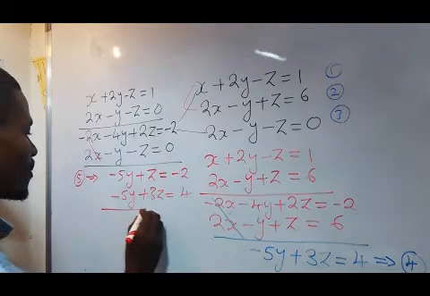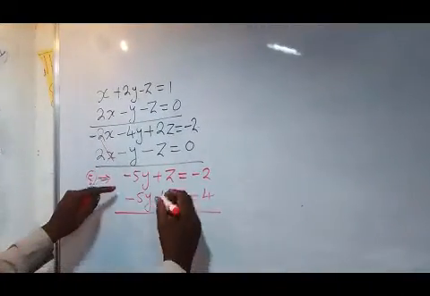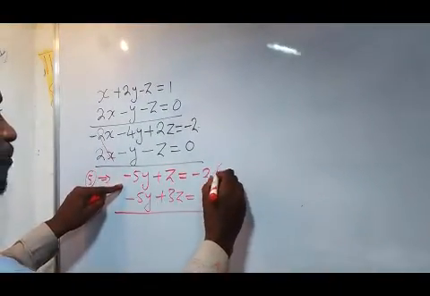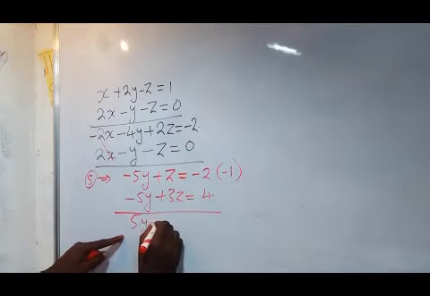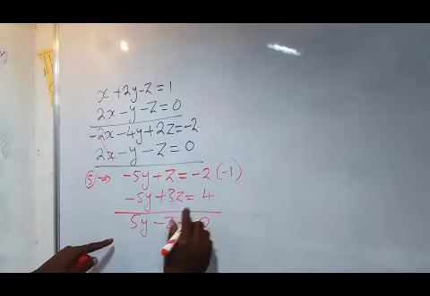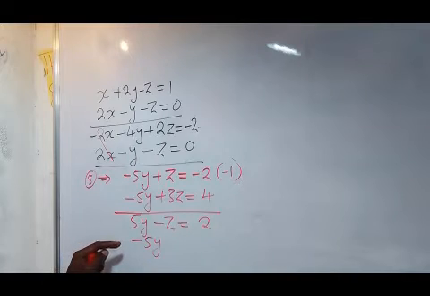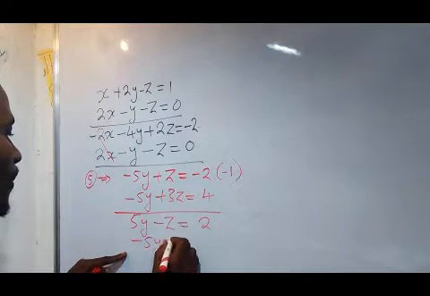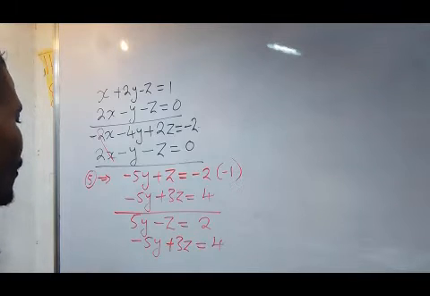So I'm going to multiply this one by negative 1. It's going to be 5y minus z equals 2, and then this will be just minus 5y, then plus 3z equals 4.